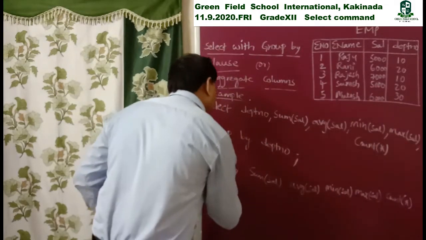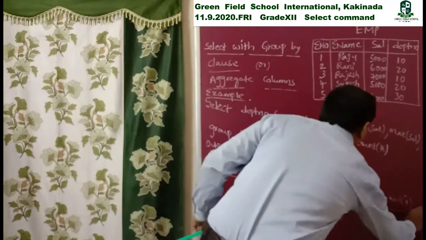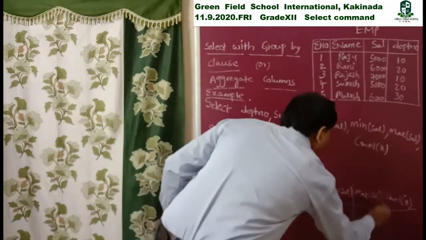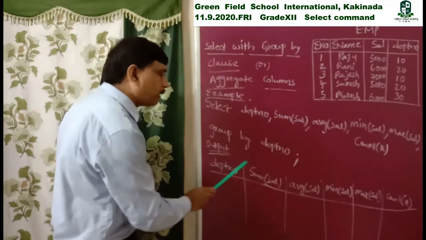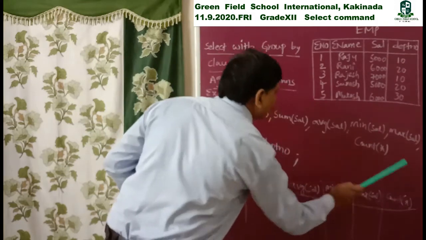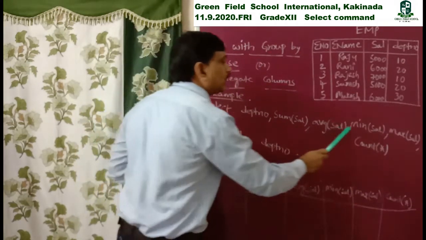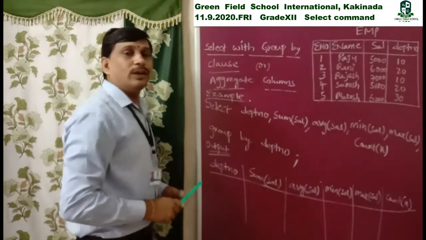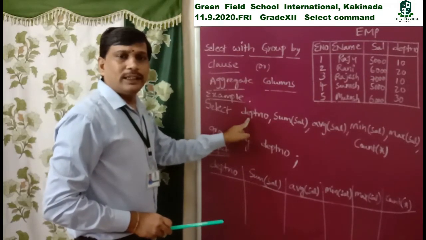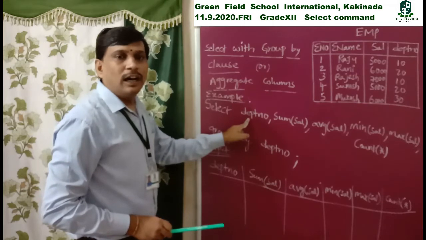See, this is the output it displayed in our tabular data. It displays department number, sum of salary, average of salary, minimum of salary, maximum of salary, count of star. All these we have written in the select clause. These are all called columns.